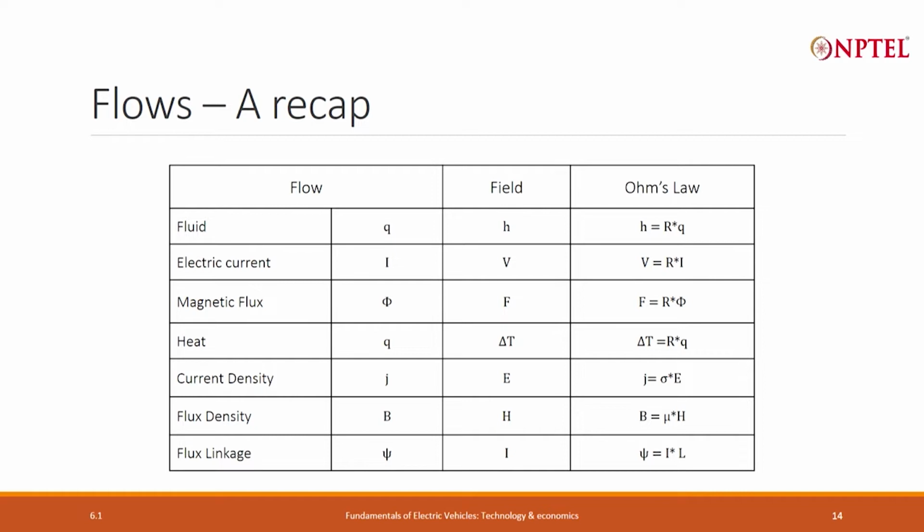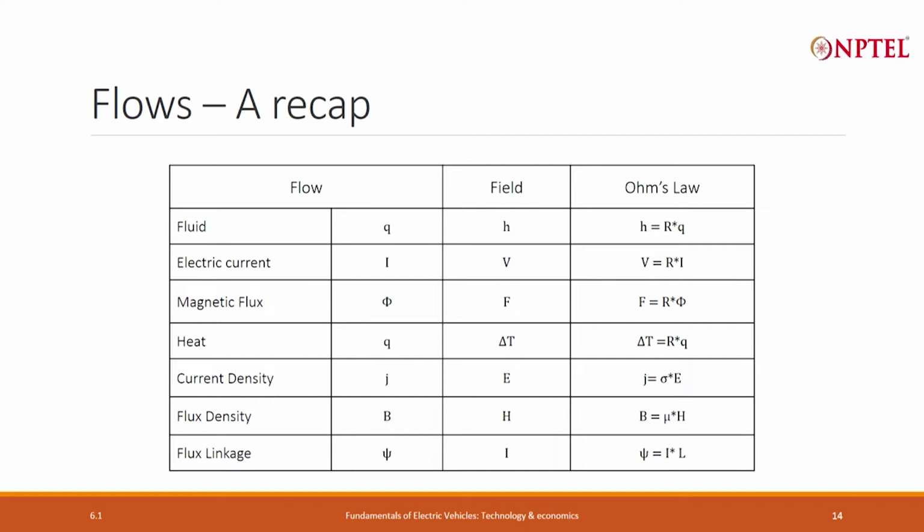So, the conventional Ohm's law can be expressed as the relationship between current density and the potential field. Likewise, flux density and the H can be related, and the flux linkage can be related to the current.